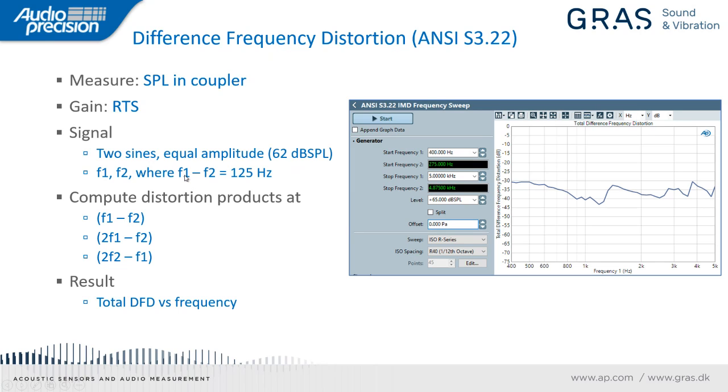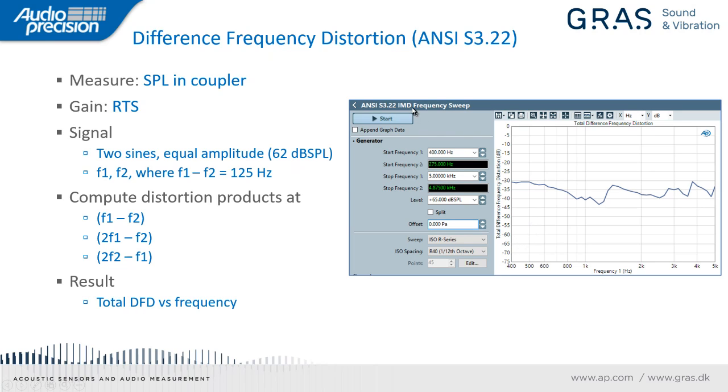As we'll see in a minute, for the IEC standard, F1 is the lower of the 2 frequencies, but very similar metrics for the 2 standards. So the distortion products for ANSI are the levels of the distortion at F1 minus F2, 2F1 minus F2, and 2F2 minus F1. And the result that we want is the total difference frequency distortion as a function of frequency.